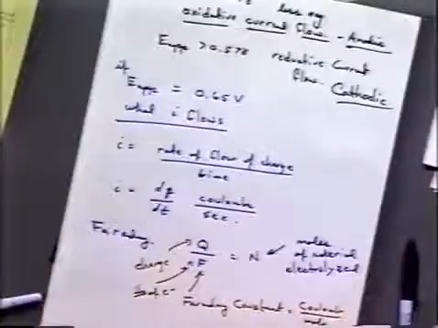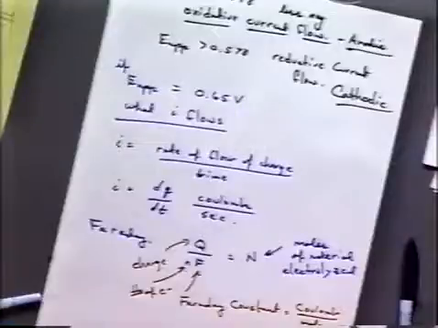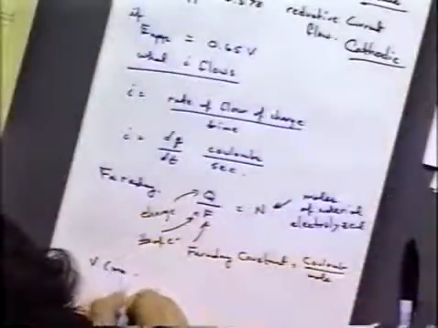So taking Faraday's law, which says that the amount of charge that's flowing in the system is directly related to the amount of chemical change that is occurring, we can come up with a velocity or rate of the reaction, for example, in moles per second.